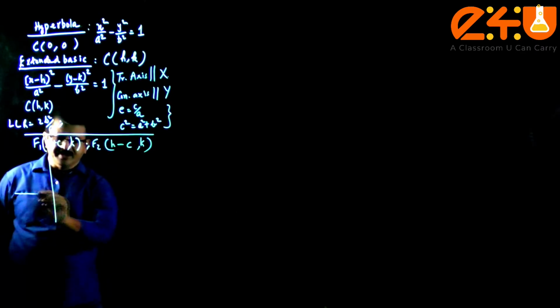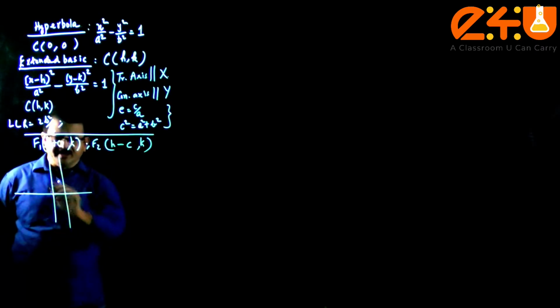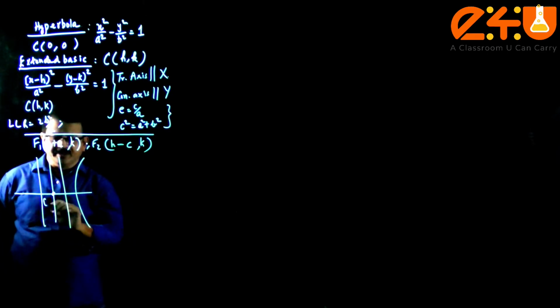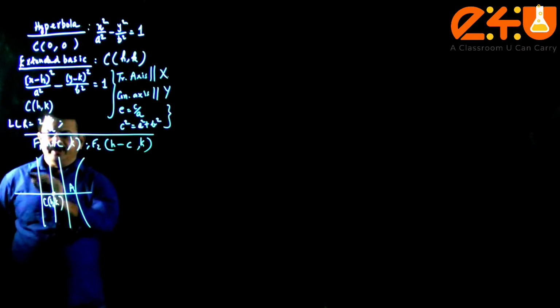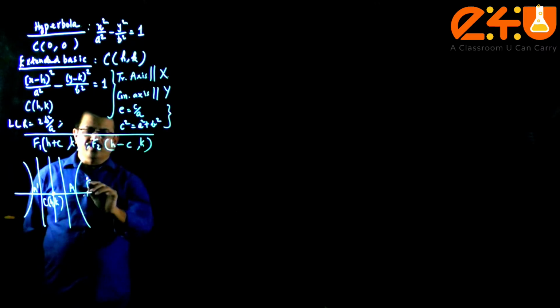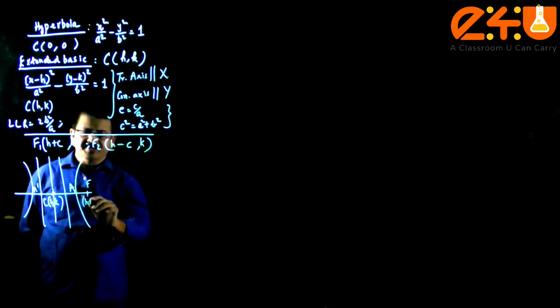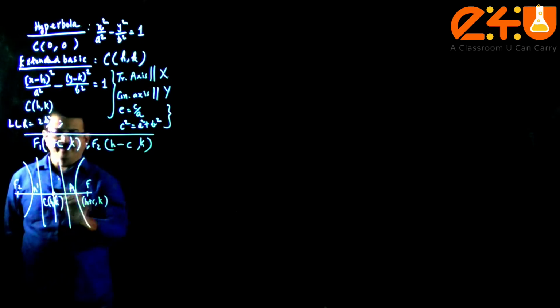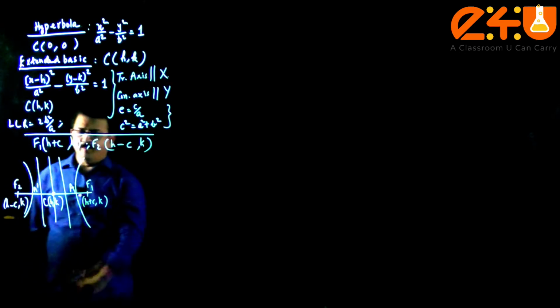Let me just show it for better understanding. The center is h, k, vertex A and A dash, focus h plus c, k, and on the other side it's going to be h minus c, k.